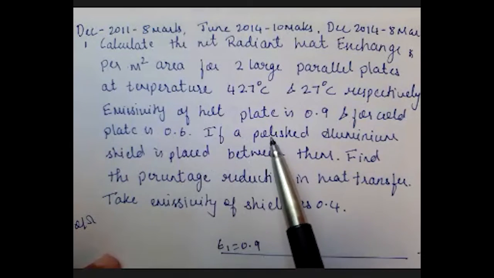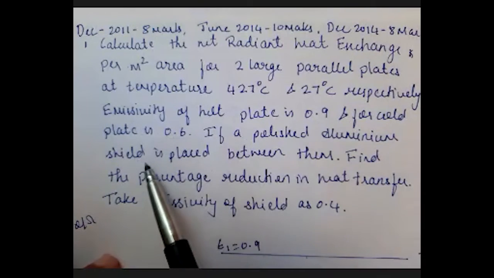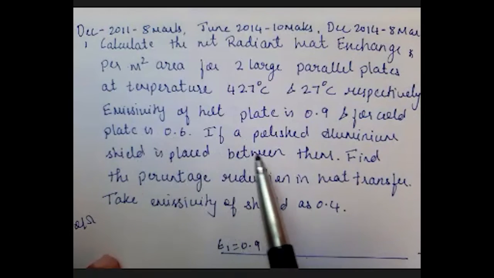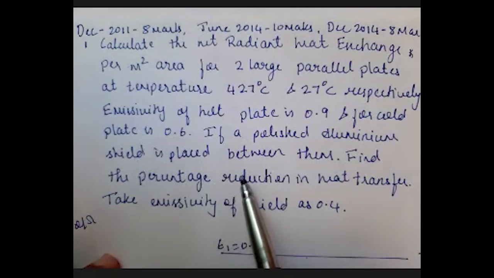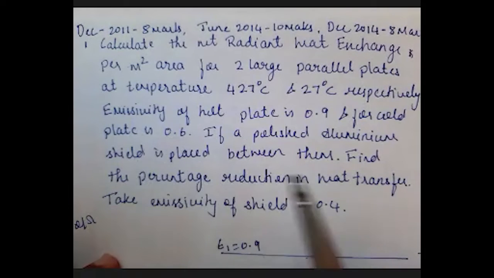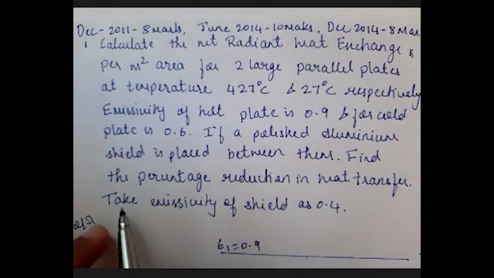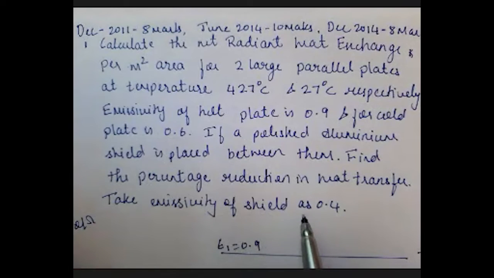If a polished aluminium shield is placed between them, find the percentage reduction in heat transfer and take the emissivity of shield as 0.4.